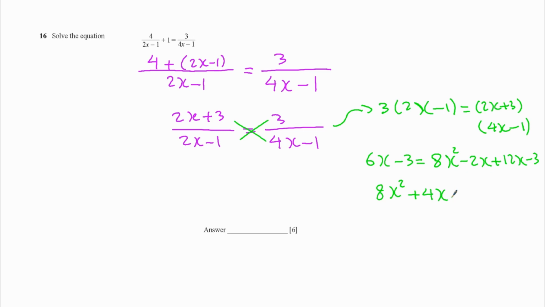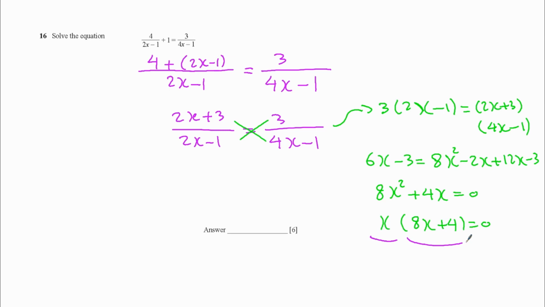So I can factorize this in here. So x times 8x plus 4 equals 0. When we have two terms like this multiplied together equaling 0, that means that if one of them is 0, then we have satisfied this equation.